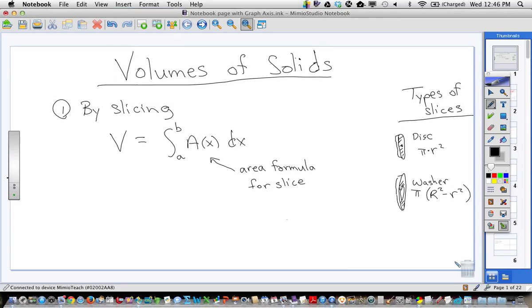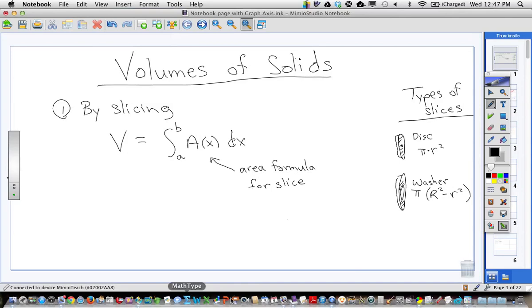If we know what type of slice it is, then we'll have a formula for the area of that slice, and we'll stick that right into our integral then, and that will give us our volume. Much like we did arc length. We had a formula for arc length, which came from the distance formula, and we stuck that into our integral. Well, now we're doing area formulas, but then times the dx width piece gives us volume.